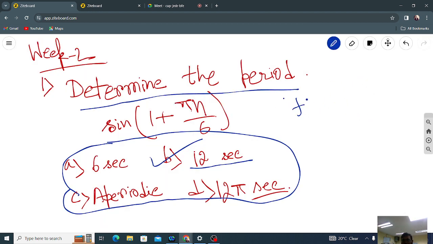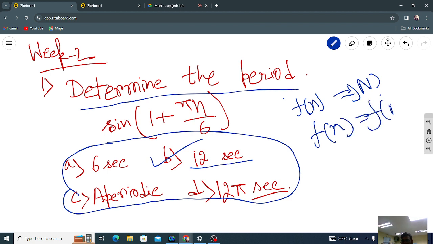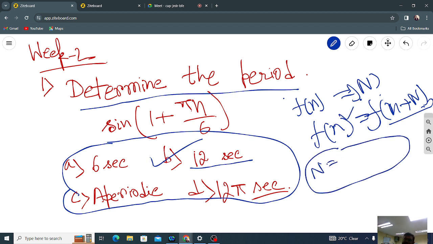We have a function f of n, we have to find what the period is, then we have to equate f of n to f of n plus N, and for which particular N this is satisfied, that is the period. Okay.